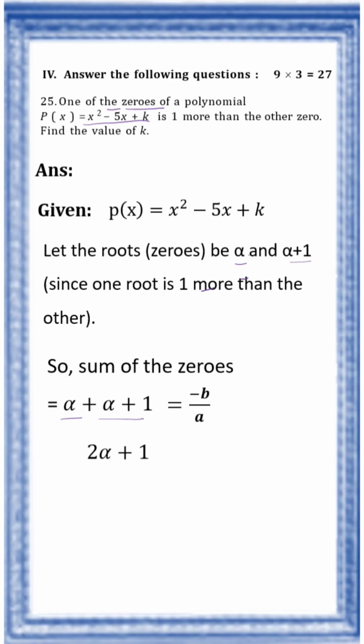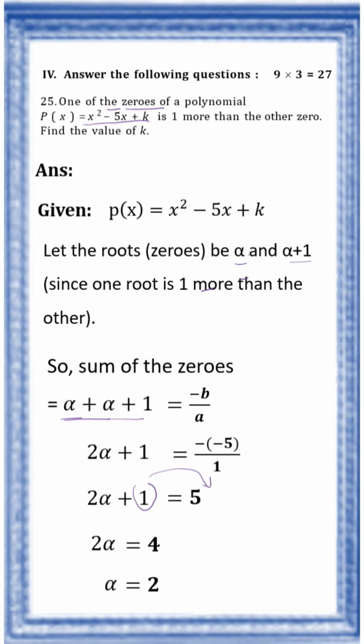So alpha plus alpha plus 1, 2 alpha plus 1, is equal to negative of negative 5 upon 1. So 2 alpha plus 1 is equal to 5. Now let us transpose 1 to this side. What will you get? 2 alpha is equal to 4. So alpha is equal to 4 by 2, that is equal to 2.